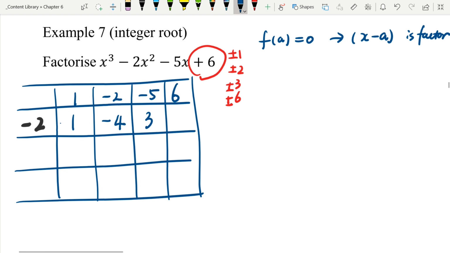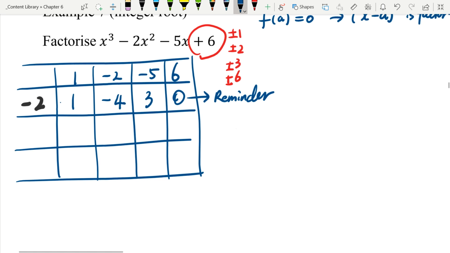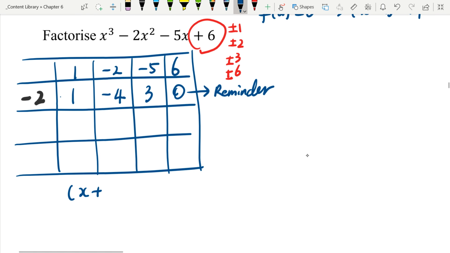And 3 times -2, plus 6 is 0. Why does it work? Because that's a 0, which means the remainder is 0. I don't have a remainder, which means what is the factor? If -2 is the solution, what's the factor? X plus 2, correct. X plus 2 is the factor.